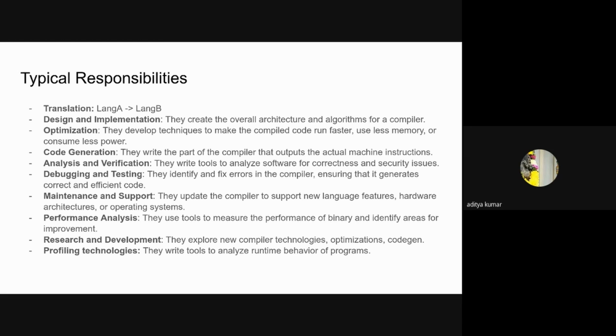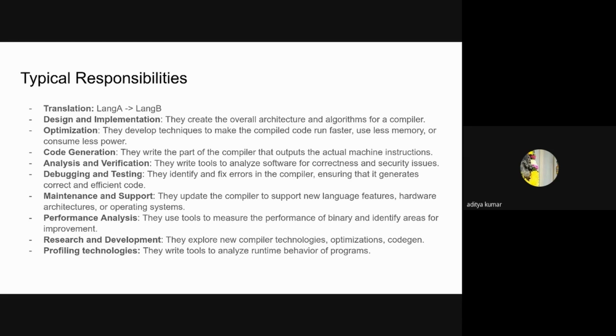Say you're writing a new compiler, you have to define the architecture. For example, when LLVM was starting, Chris Lattner had to think about how the compiler would look. He thought it should be a set of reusable tools. That was a design decision, one of the most impactful things about LLVM, right? So this is very important.